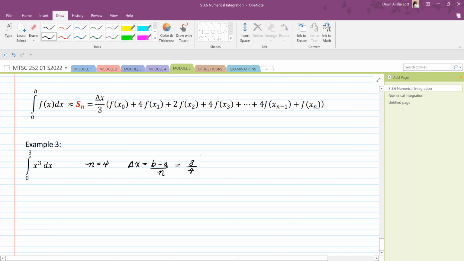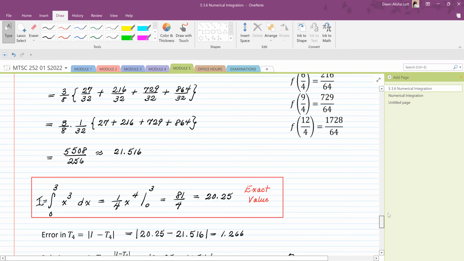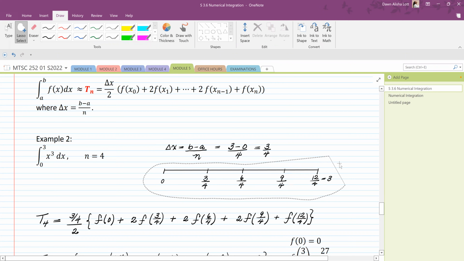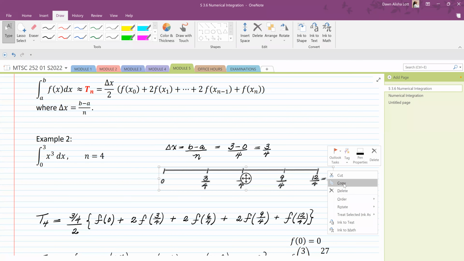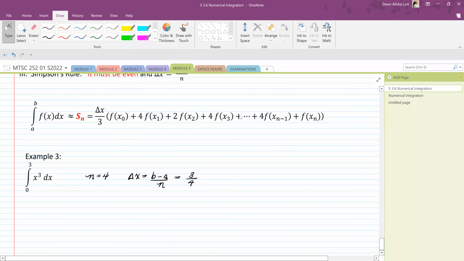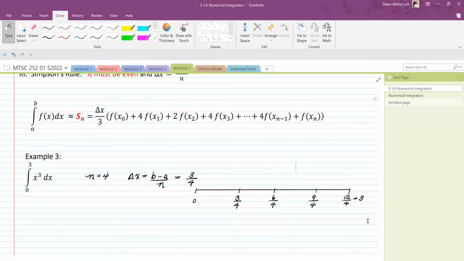Then we still have the same picture here, because it's the same interval. And we still have the same values.